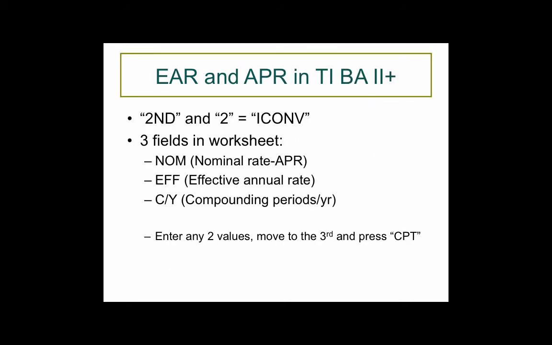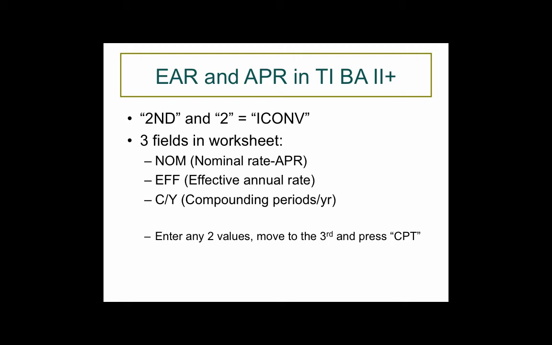We'll probably want to do this in your calculator because it's pretty easy. All you have to do is hit the second button and then hit 2, and what you've really done is gone into the I conversion, or ICONV, that stands for interest conversion section of your calculator. What you'll see pop up right away is NOM, N-O-M. NOM stands for nominal, and that's the same thing as APR, so you put in a value there.